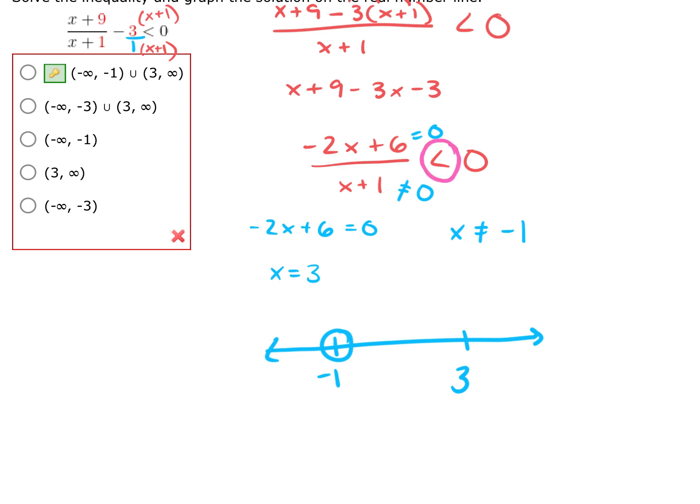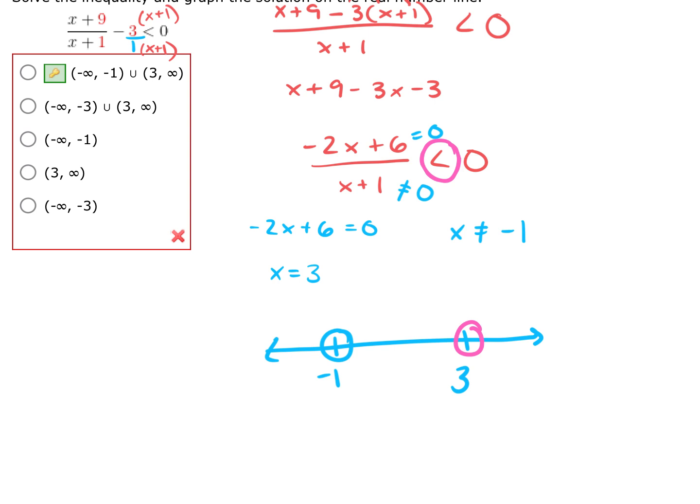It's open because it's just a less than sign. If this was less than or equal to, it'd be a closed circle. So we always look at the inequality for the one where we set our numerator equal to 0. So it's either going to be an open or closed circle. It could be one or the other. Look at the inequality to tell you. So 3 is an open circle also.